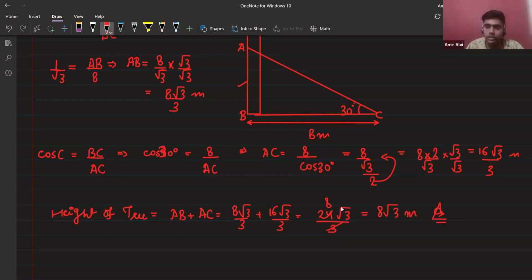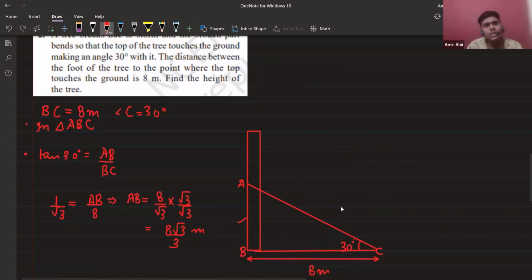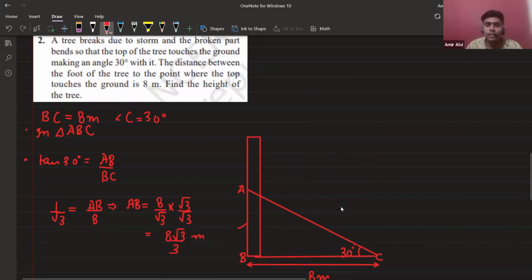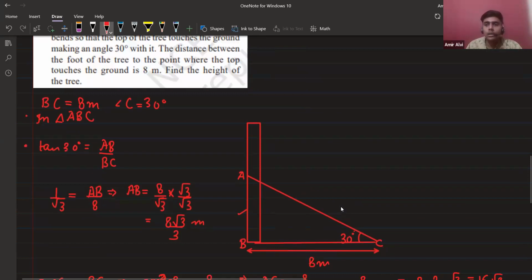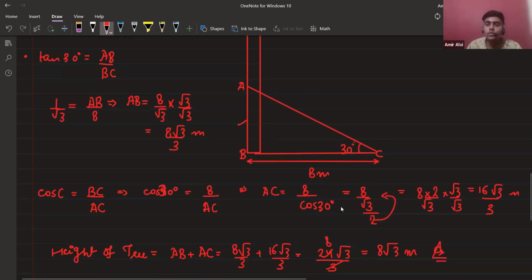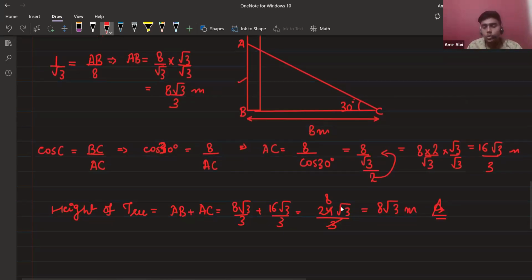Any doubt in this? Sir, can I multiply 8 into 1.73 also, if it's given? Yes, you can, dear. But if it's not given, try to avoid it, because sometimes with decimal parts you get confused and take the wrong value. If the question asks you to multiply with 1.73, then do that. Otherwise, you can leave the answer here. No one is going to deduct your marks.